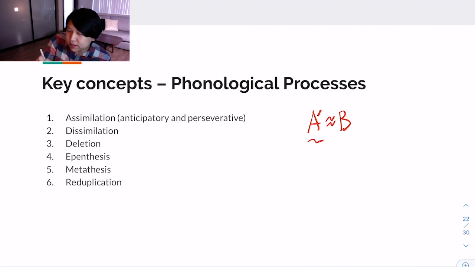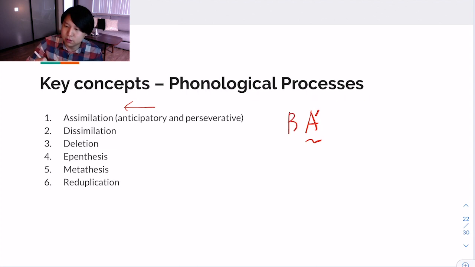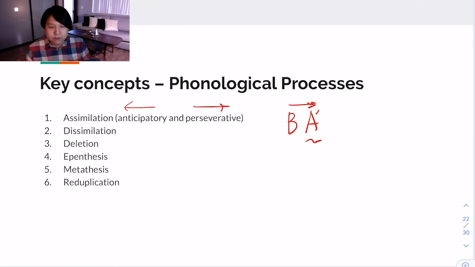If B is after A, the assimilation happens in this direction, and it's called anticipatory assimilation. If there's a sequence of sounds B and A, and then A changes to A prime in a way that it is more similar to the previous sound, that direction is called perseverative assimilation.